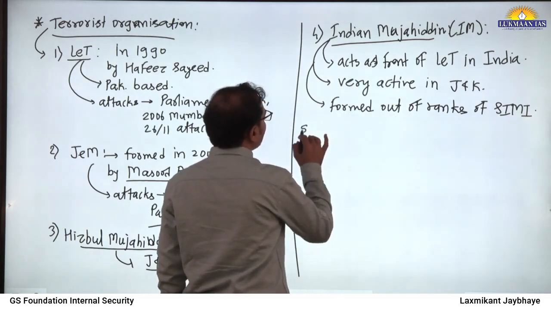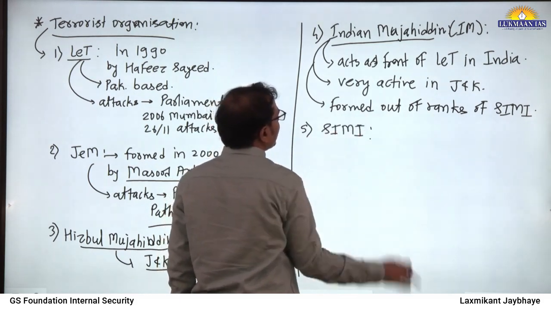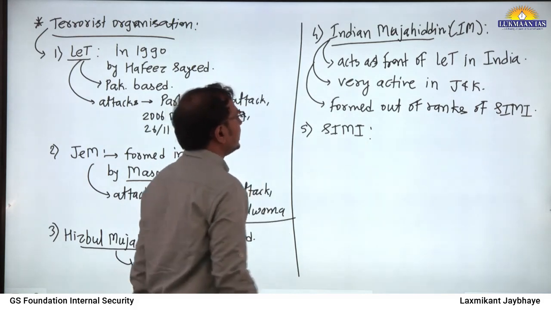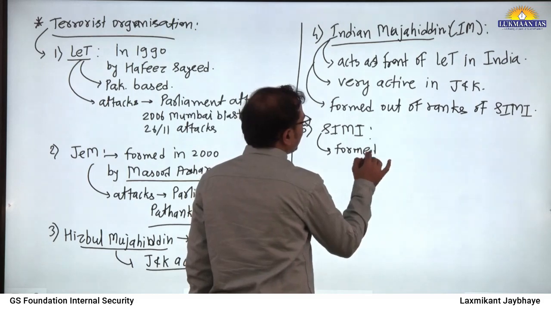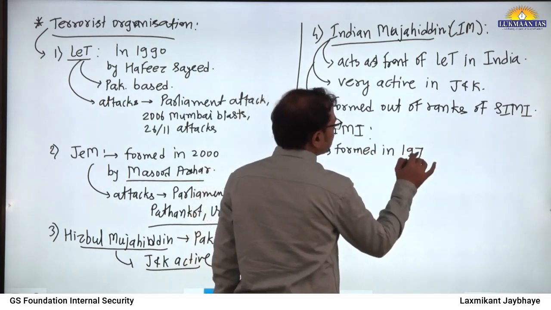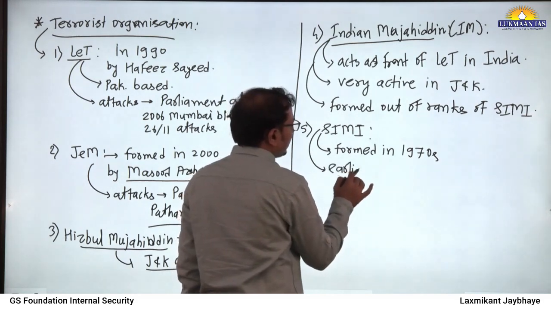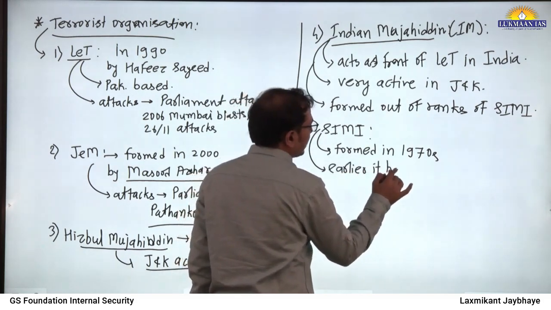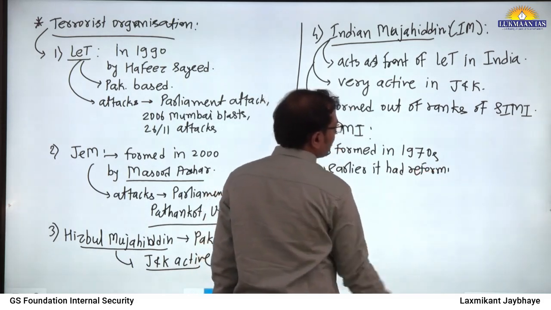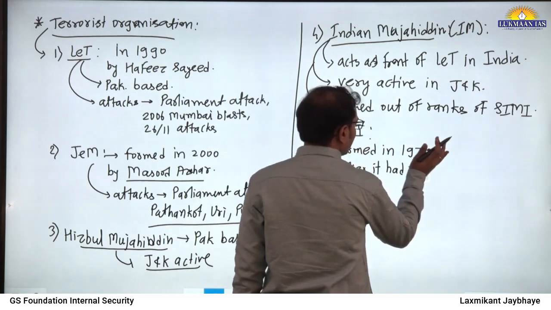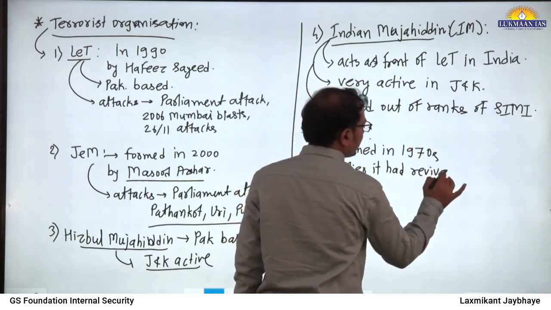Again, it is banned. SIMI, the Student Islamic Movement of India, was formed earlier, in the 1970s. Earlier it had a reformist, or simply we can say not reformist, revivalist attitude.